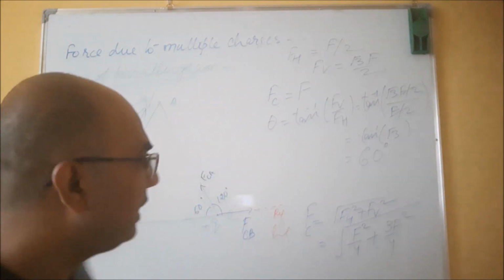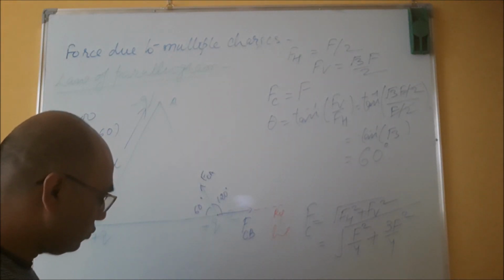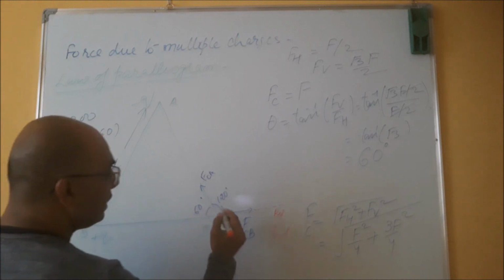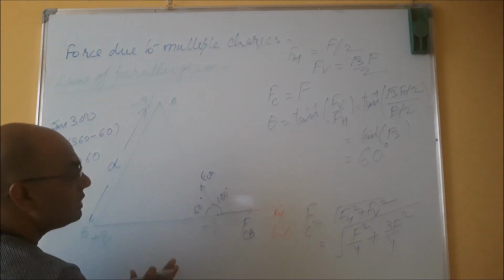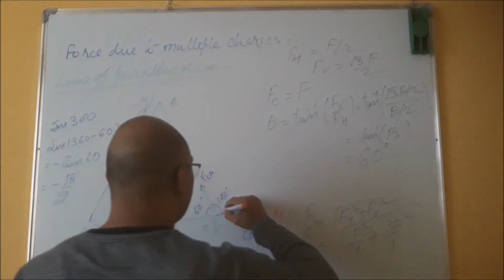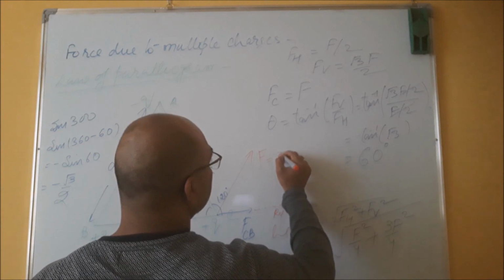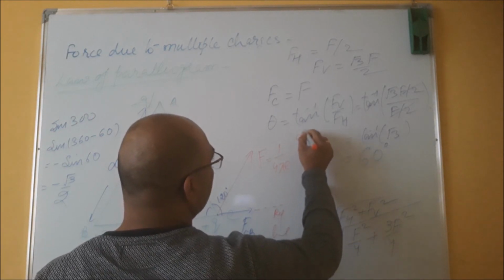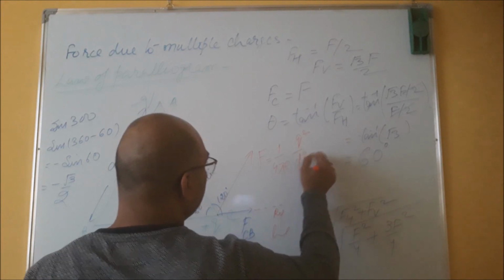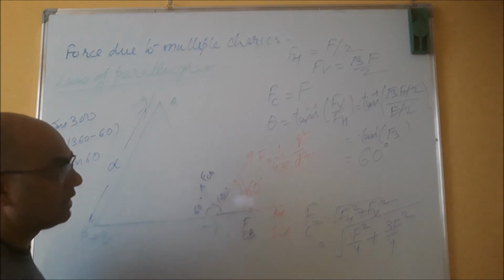Right. So if you draw the resultant, you will say that at point C, in this case, the resultant force will be F, where F is 1 upon 4 pi epsilon Q square upon D square, and this angle will be 60 degree from the reference line.